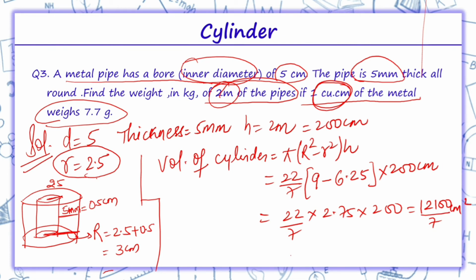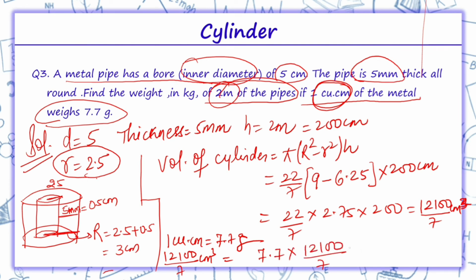Now 1 cubic centimeter weighs 7.7 gram. So here we have 12,100 upon 7 cubic centimeter. So this will be 7.7 into 12,100 by 7. This is in gram.